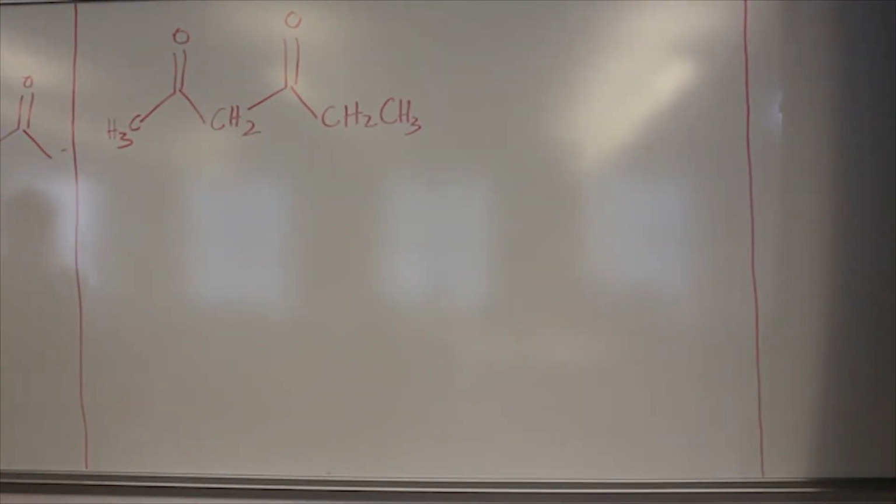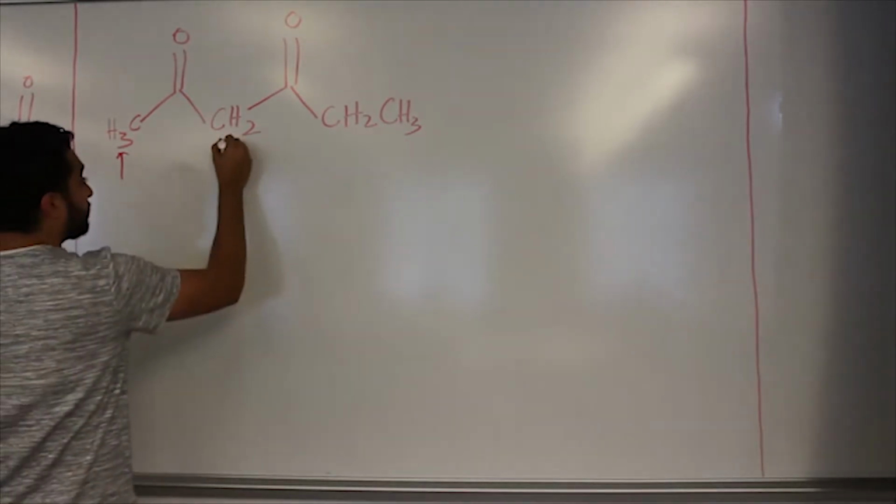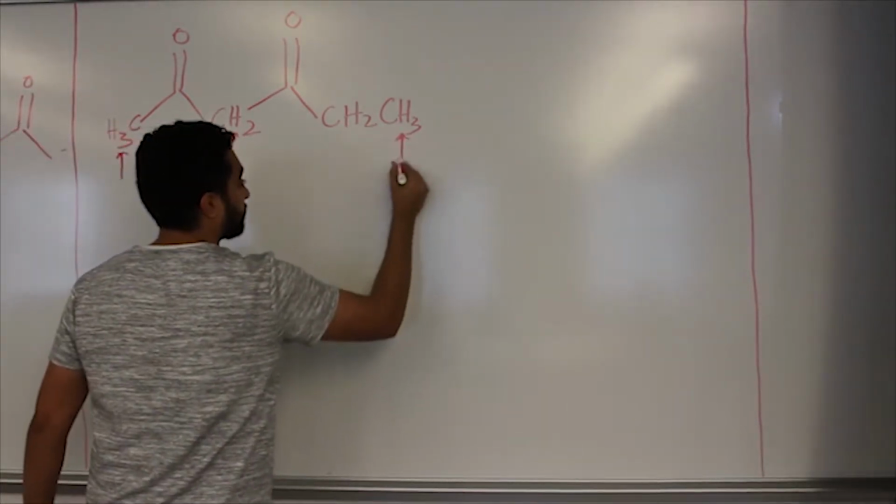The way to answer this is you're going to have to look at the poles and the possible resonance that's in that pole and everything else in between. So if you look at this structure, let's label the hydrogens first. So it's this one, the middle one, and then this one.